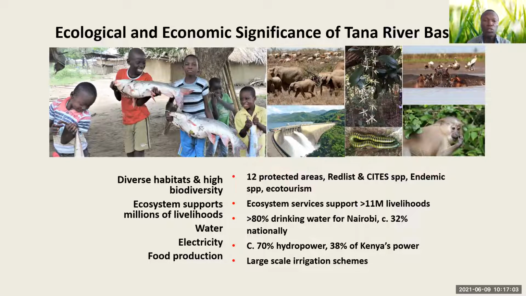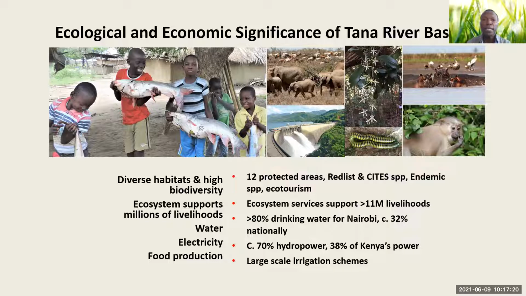It's also a major source of electricity. 70% of power comes from this basin, and this is quite significant. And also food production, very important, large-scale irrigation scheme.